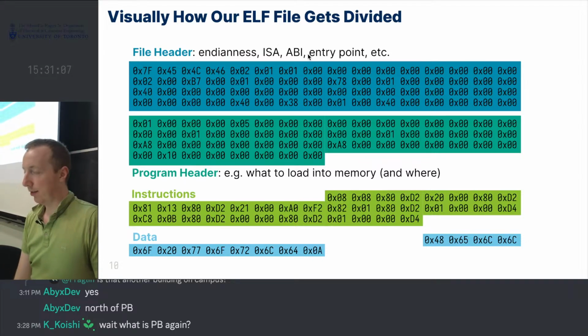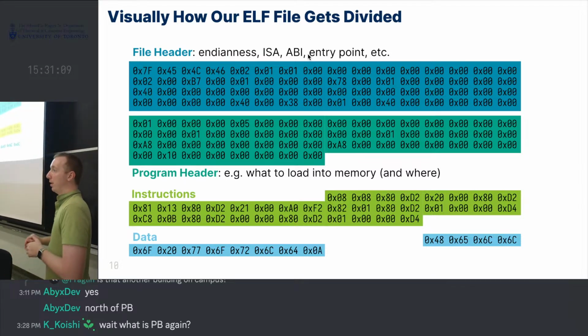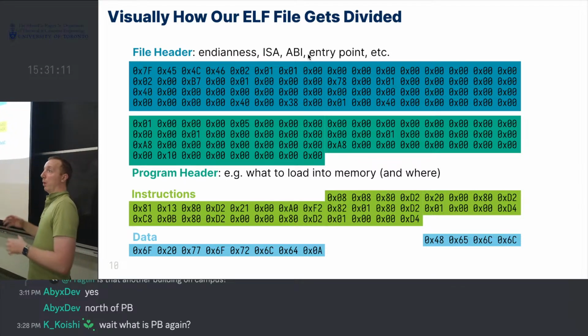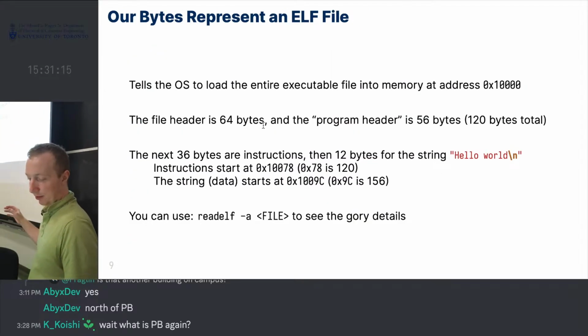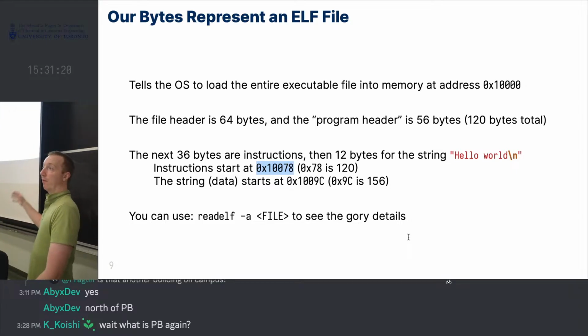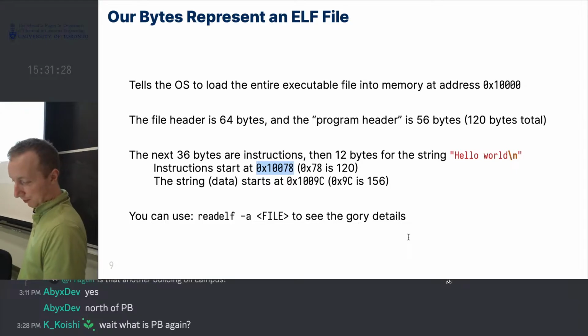The next is the entry point. The entry point tells the operating system where to start executing from. So in this case, if our instructions start at this address, this would be our entry point for this program. And whenever the kernel starts executing, it would start executing at that address, which is good because that's the beginning of our instructions.